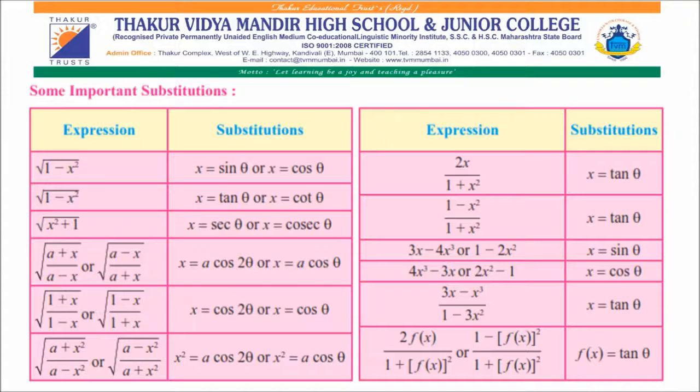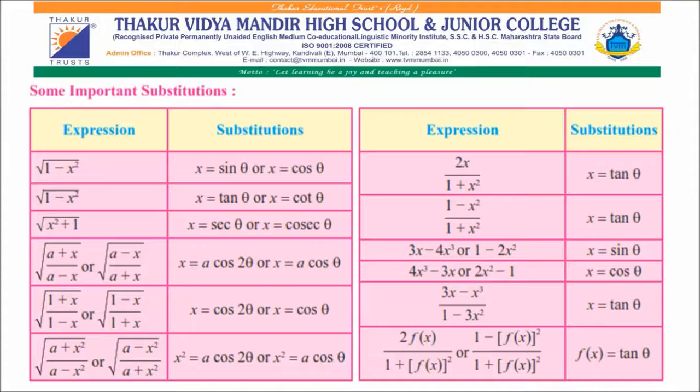Then for the function involving the expression under root a plus x upon a minus x, or under root a minus x upon a plus x, you have to take x equals a cos 2 theta. Next, under root 1 plus x upon 1 minus x, or under root 1 minus x upon 1 plus x, you have to take x equals cos 2 theta.